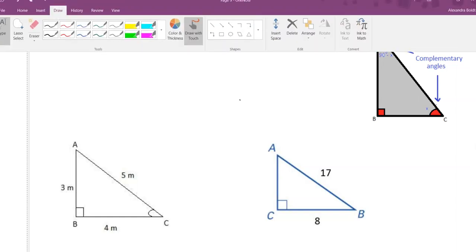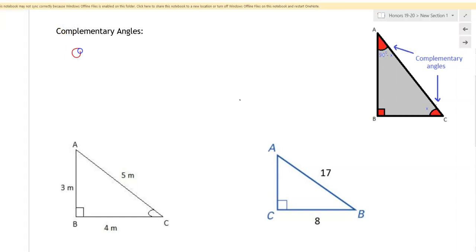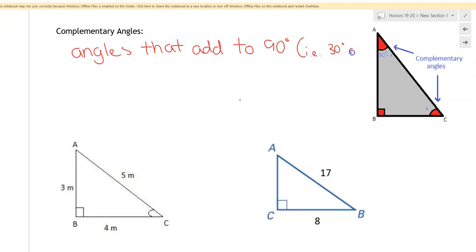Complementary angles are angles that add to 90 degrees. For example, 30 and 60 degree angles are complementary angles.